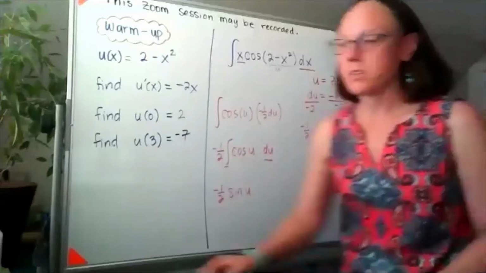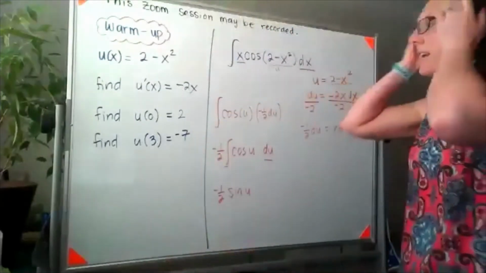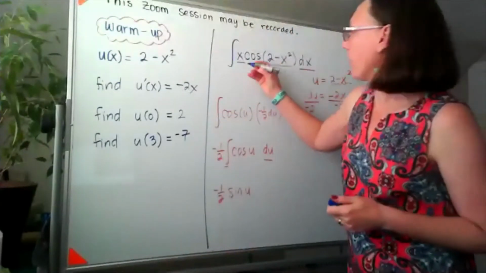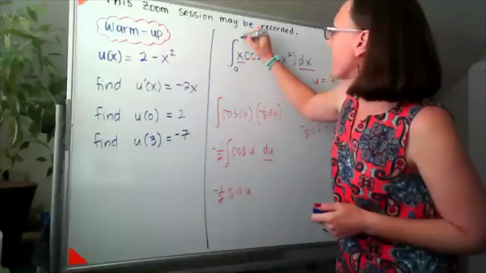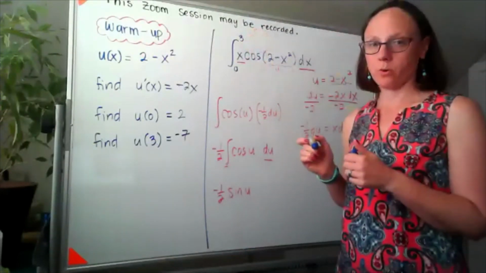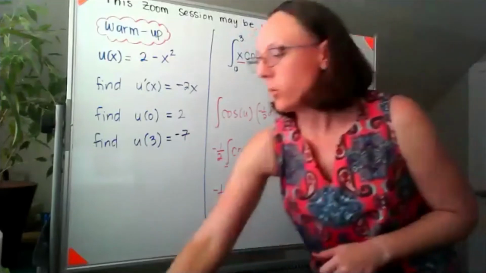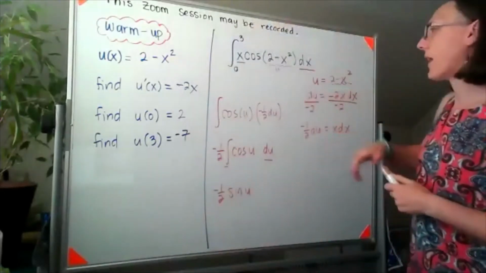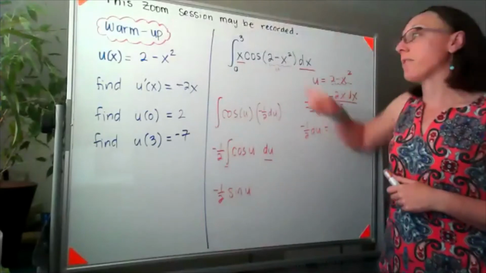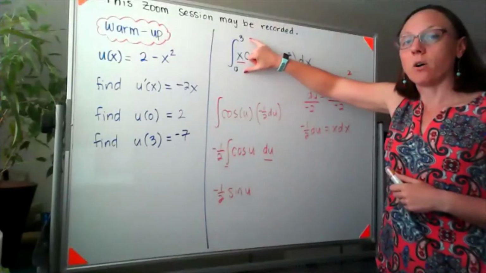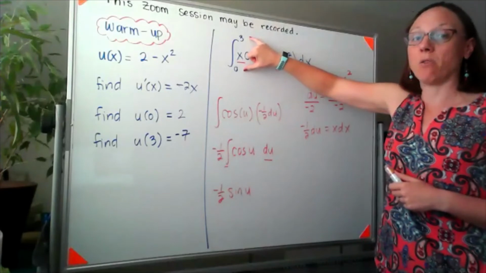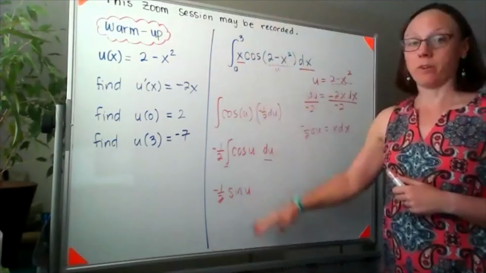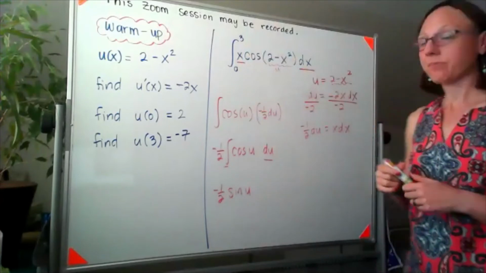I go back up to the original problem and pretend that I had actually given us bounds and that we were finding the definite integral from 0 to 3. So the extra thing that we have to do in terms of our vocabulary list here, when we have a definite integral, we also need to adjust the bounds to go with our new variable that we're working with in the problem.